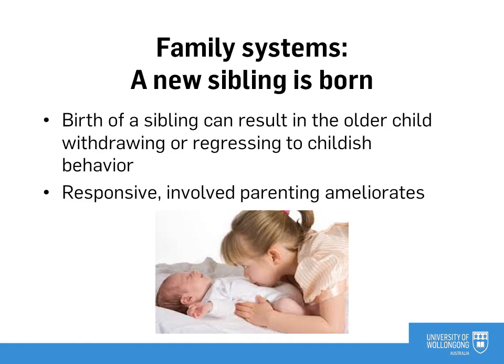And also sometimes you can see that children become more withdrawn as they are adjusting to this experience and to the change in their relationship with their parent, who now has another child also to look after. But it makes a big difference if parents are responsive to children and involved and are sensitive, to acknowledge that it is a big change for the firstborn child when a new child comes along. So again, this is a place where that kind of warm, responsive parenting that you see in authoritative parents makes a big difference for children's outcomes.